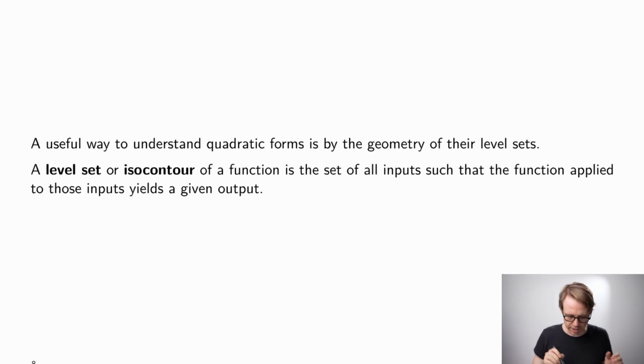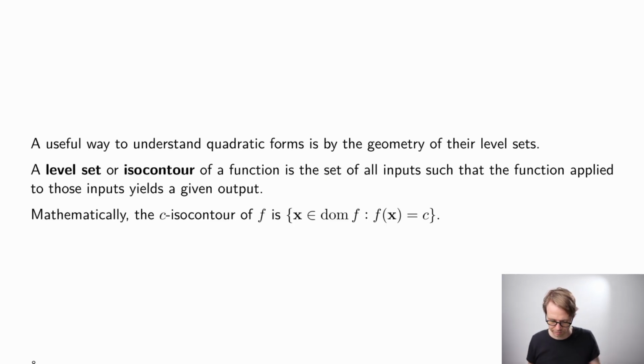In machine learning, you will often see that quadratic forms are visualized using ellipses that correspond to level sets of this quadratic form. Now, the level set or isocontour of any function, such as a quadratic form, is the set of all inputs where the function yields exactly the same value.